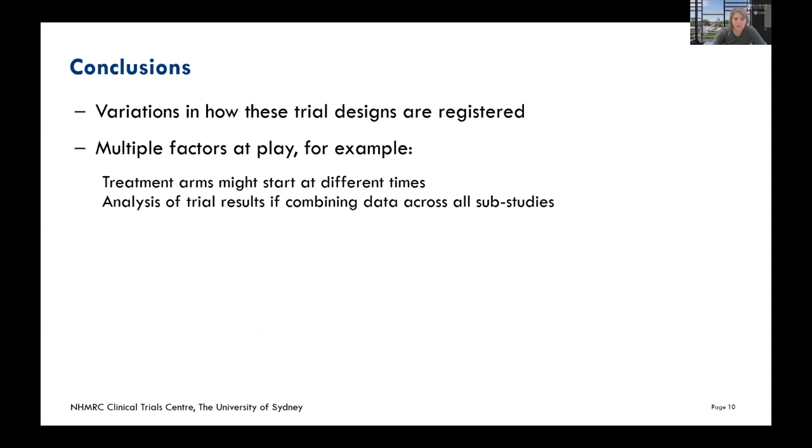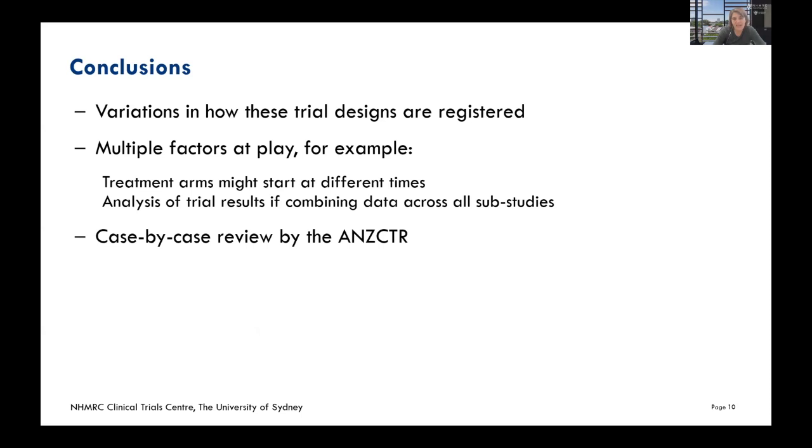It also depends on an analytic approach of the trial results, and this could, for example, include pooling of data across sub-studies. So in some cases, having all the information in one record may make more sense.